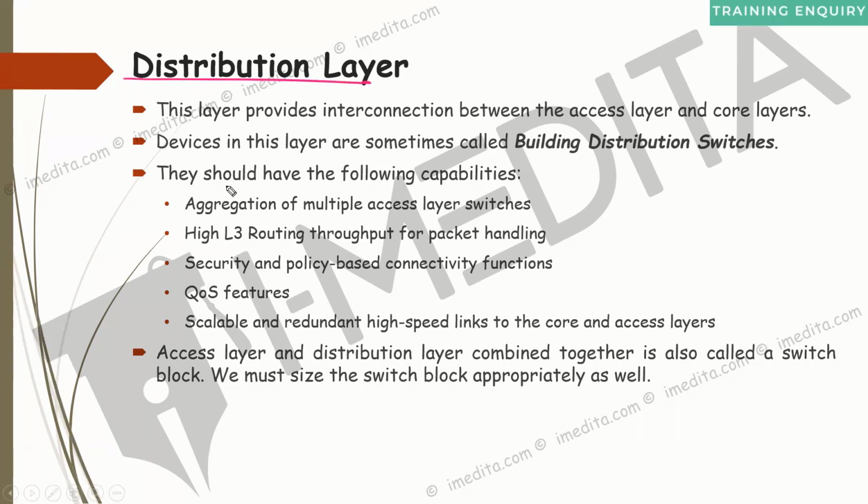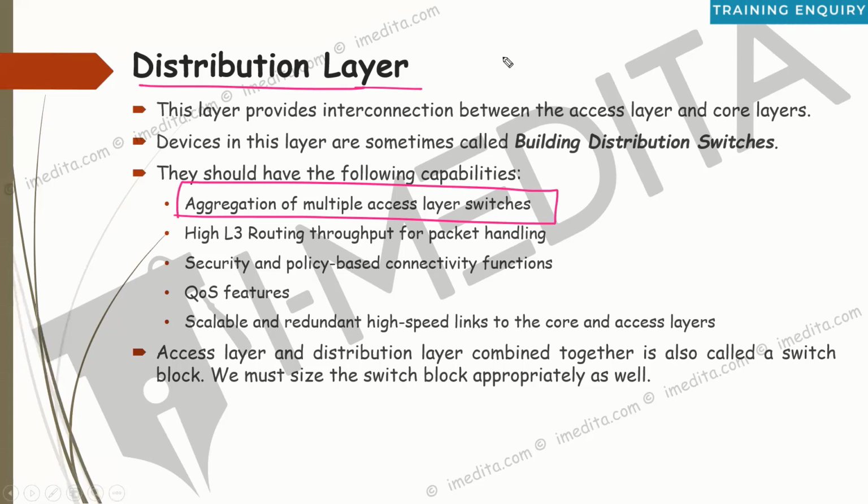Since the distribution layer is the aggregation point of multiple access layer devices, whatever switches we connect at the distribution layer should be powerful enough to handle all the traffic received from the access layer, and should be able to route or switch the traffic based on either MAC address or IP address.